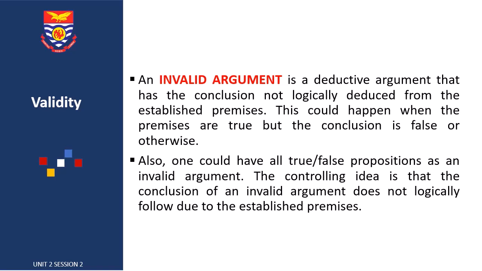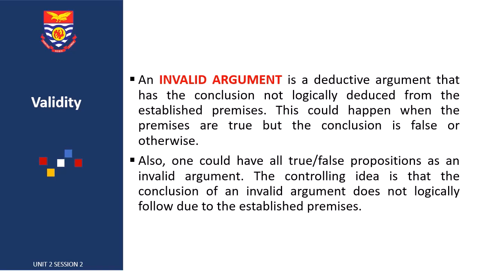The controlling idea is that the conclusion of an invalid argument does not logically follow from the established premises. So, you should understand that with the idea of cogency, right? Checking whether the conclusion of a deductive argument logically follows from what the established premises have said.